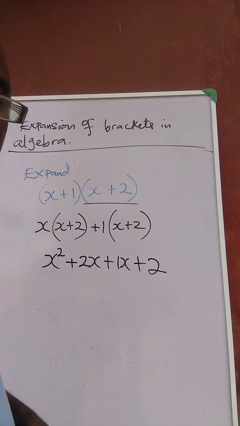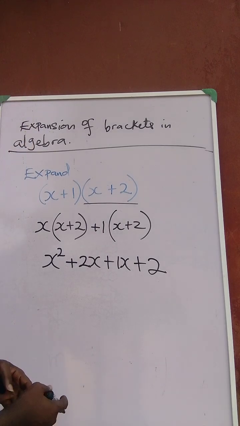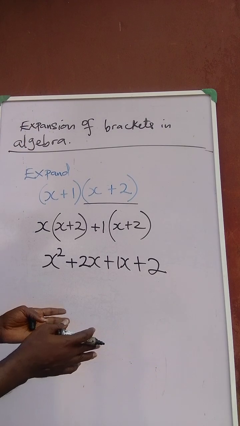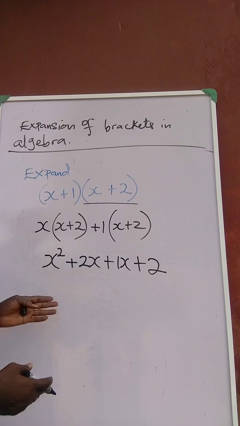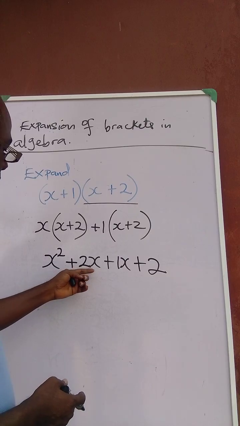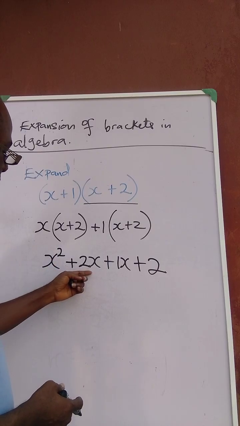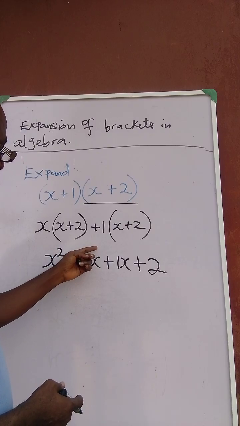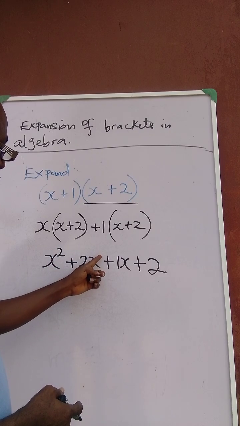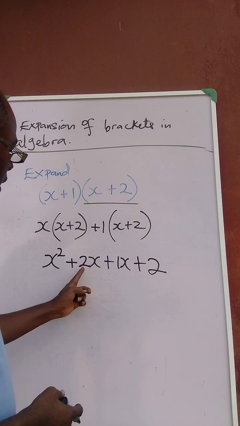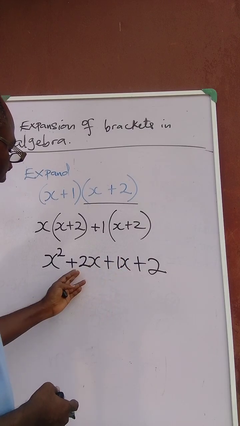Now we've expanded the bracket. We've opened the bracket, as some will say. The next thing to do is to simplify or reduce the expression. As we can see, we have x to the power of 2. It's not the same like term as plus 2x because this one is not raised to the power of 2. Neither is this. These two are similar, so we add them up.